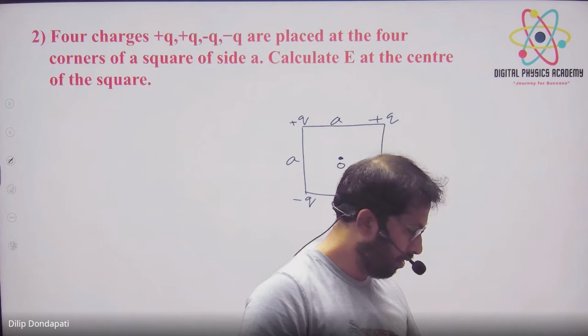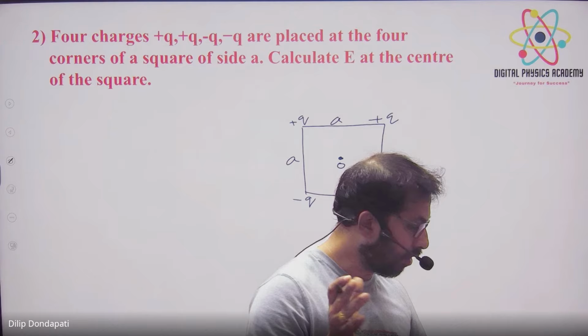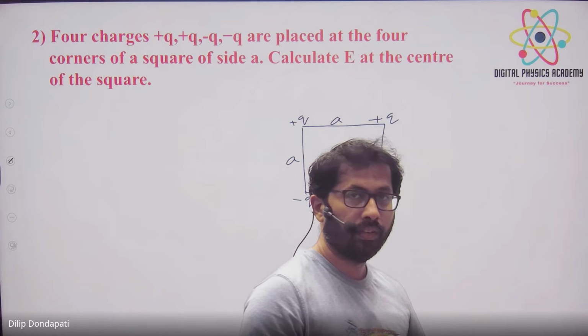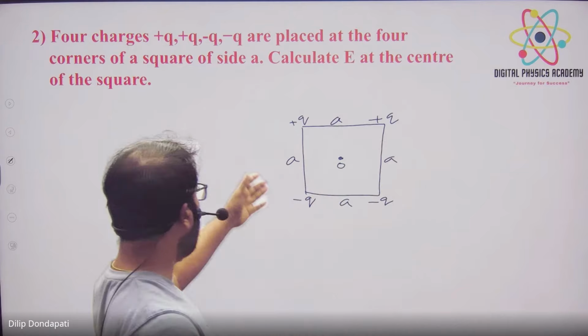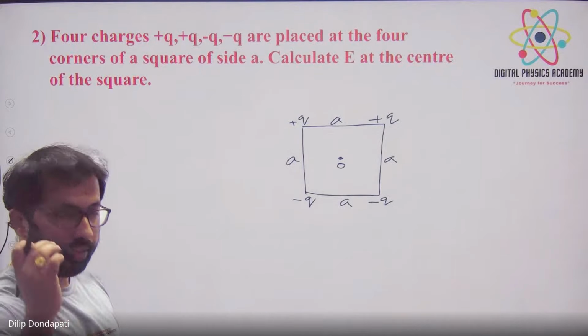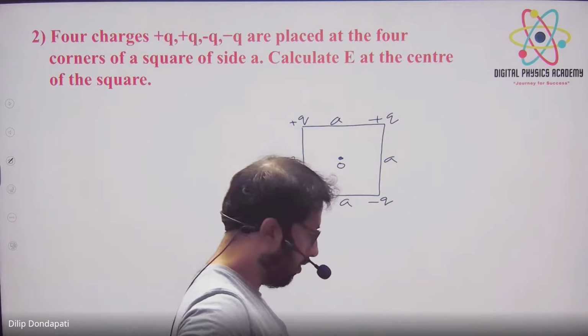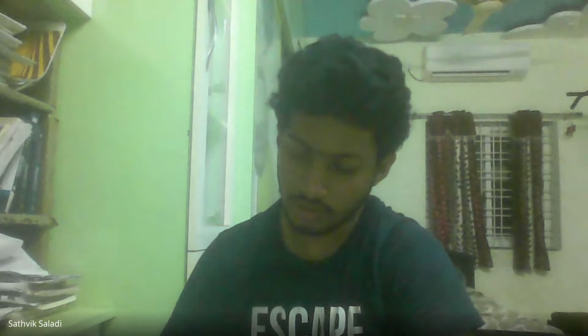Is the answer 18 into 10 power 9? 18 into 10 power 9 Q by 8? Say again. 18 into 10 power 9 Q by 8. No. And leave the K value like that. In terms of K, Q is needed. No need of the value, because the side is not known, right? A value we don't know, right? So leave it like that. 2K Q by A? No. 2 root 2 K Q by A square.